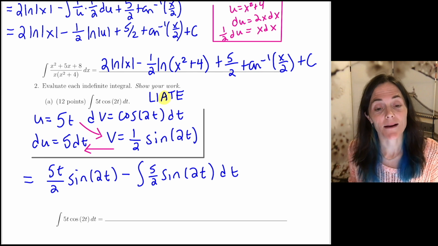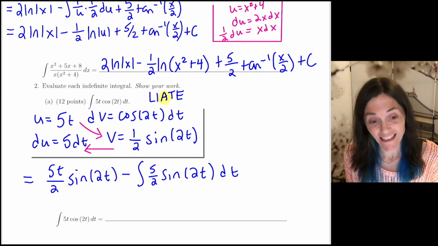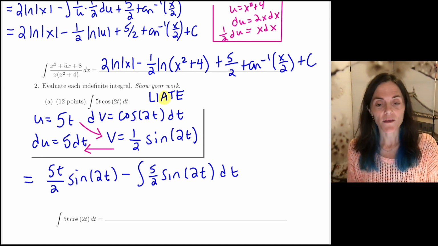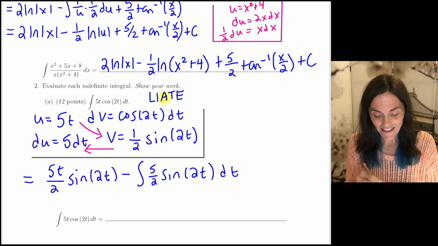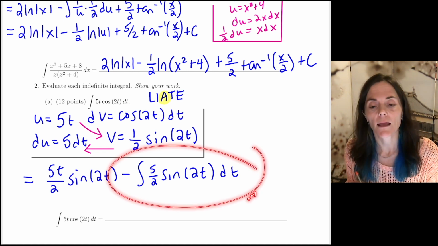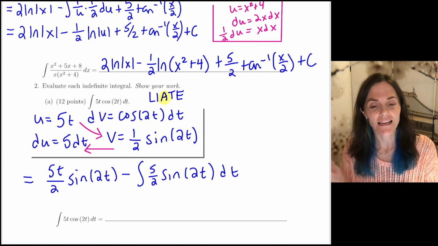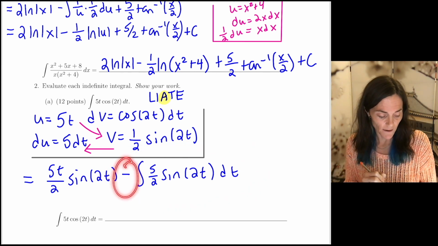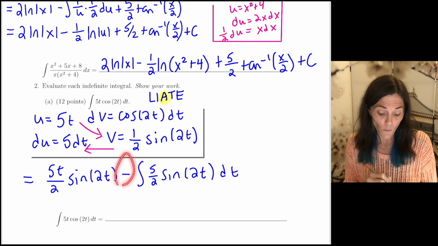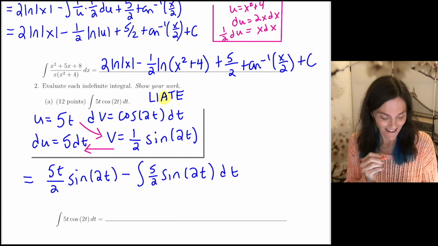This was integration by parts, uv minus the integral of v du. Well, the only thing left to do here is to integrate this term. And when we integrate sine, we get negative cosine. But you see, I have this negative here. So this will be a plus once I integrate, right?